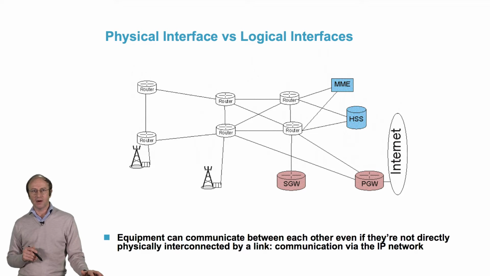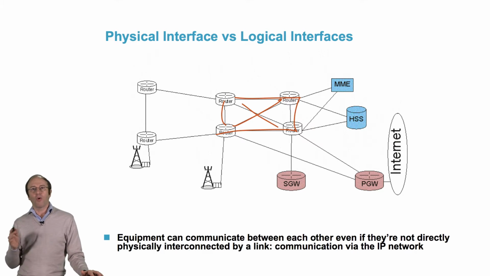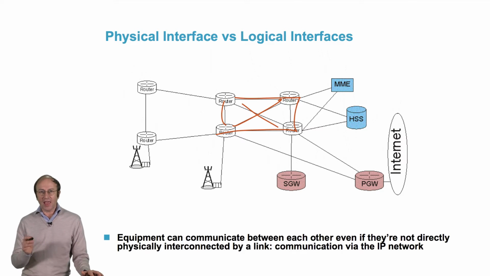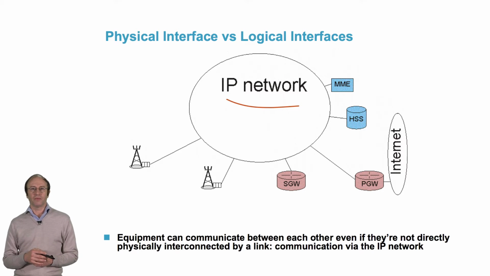We have here a certain network topology, and what we can see is that it's just an IP network belonging to the mobile operator, and the 4G nodes are connected to it.